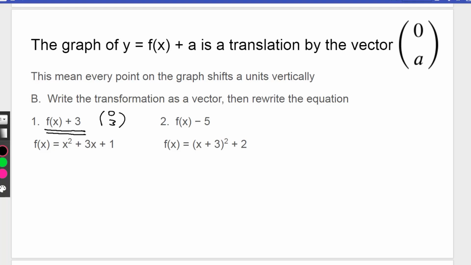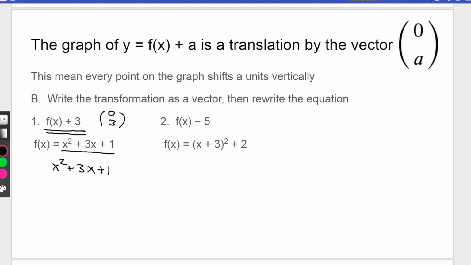What they're wanting in this situation is for us to take this equation and change it so it shifts up by 3. And so basically, this is almost exactly telling you what you're going to do. We're going to take the function x squared plus 3x plus 1, and then we're going to add 3 to the end. What does f of x equal? F of x equals this.